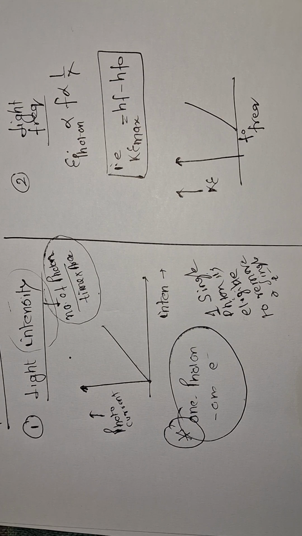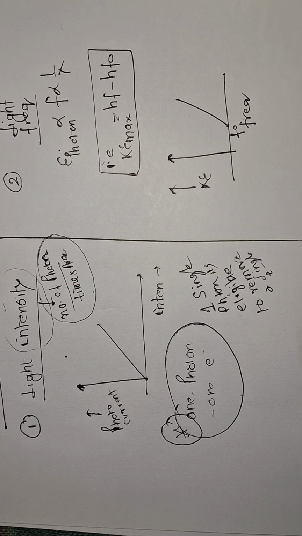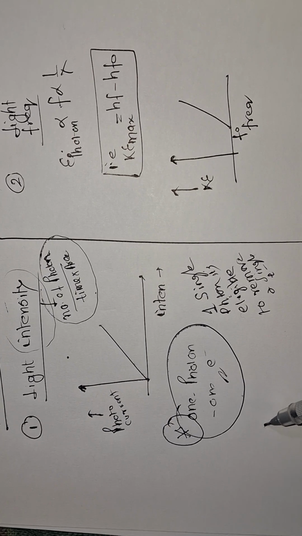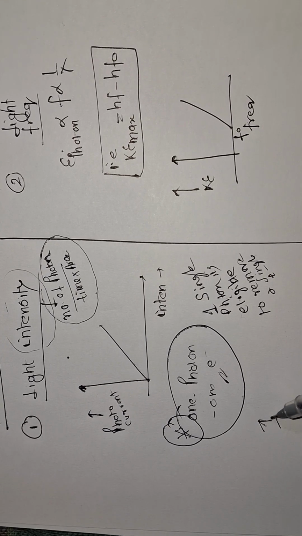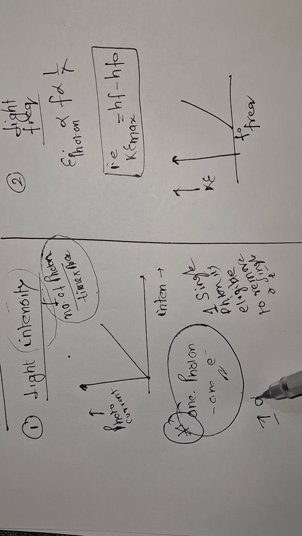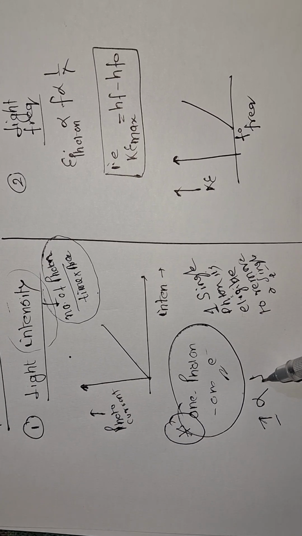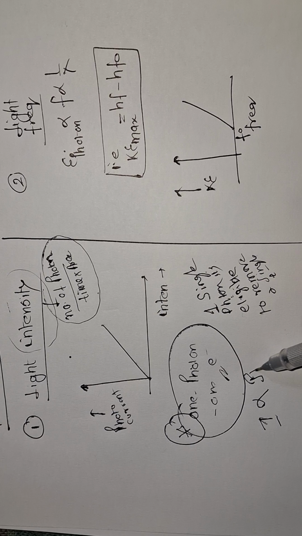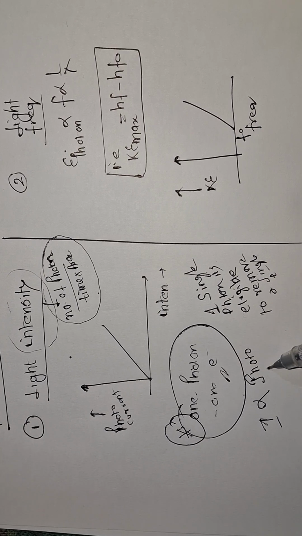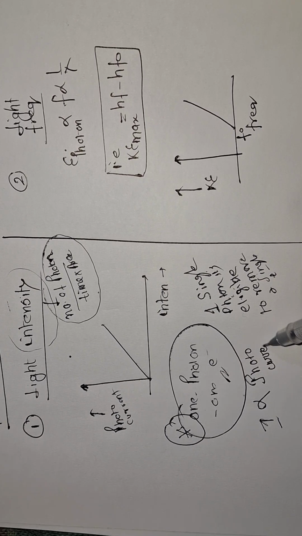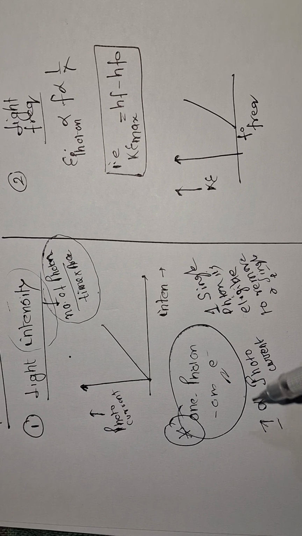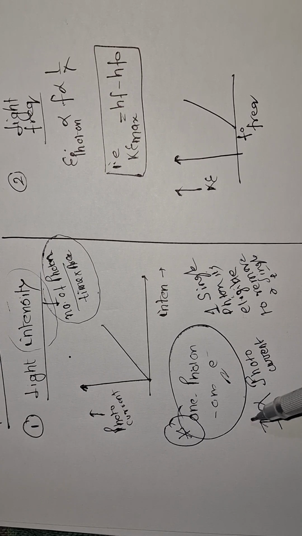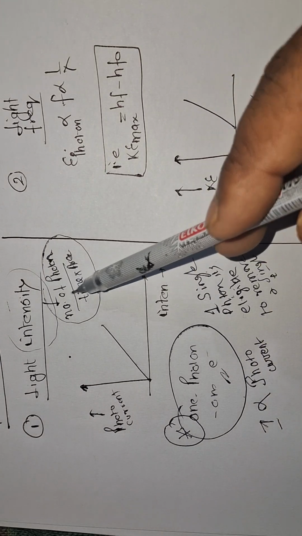Fine. So, respecting this, if I increase the intensity, can I observe an increase in the photocurrent? Just think for once. If we increase the intensity, we will be increasing the number of photons.